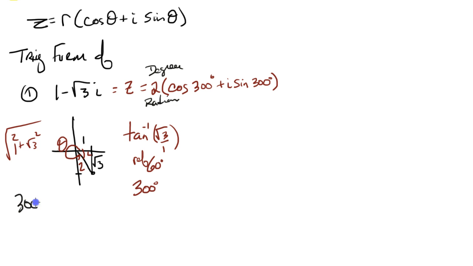If I convert 300 degrees, we multiply by pi over 180, and we reduce this down, and you get 5 pi over 3. And that's how much 300 degrees is. So this would be 2 cosine 5 pi over 3 plus i sine 5 pi over 3.